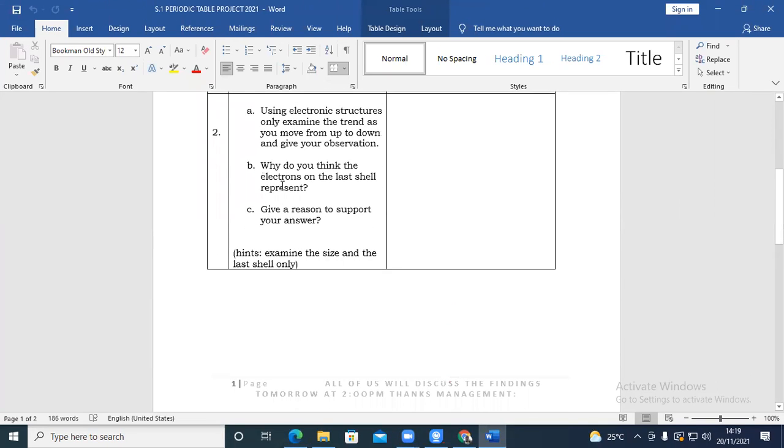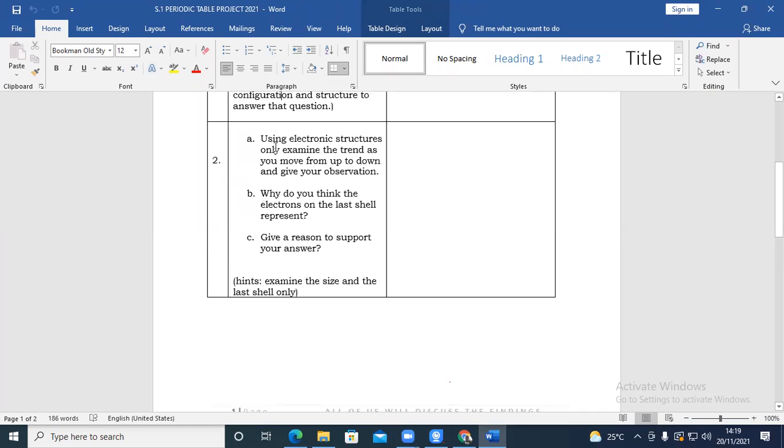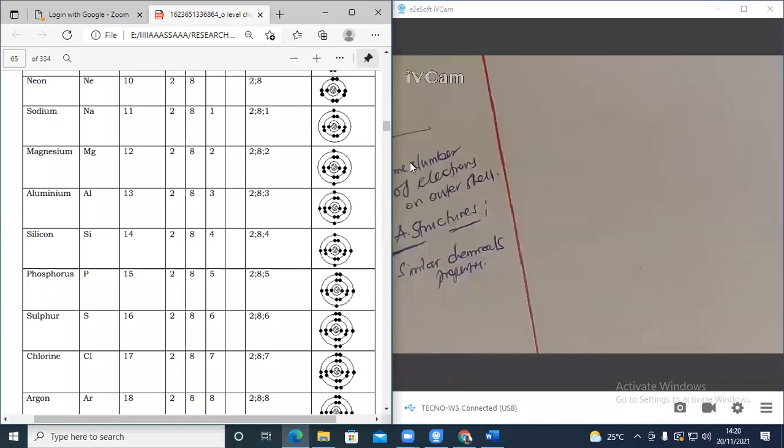Now we are going to question 2. Using electronic structures only, examine the trend as you move from up to down and give your observation. Up to down using electronic structures. What do you observe?